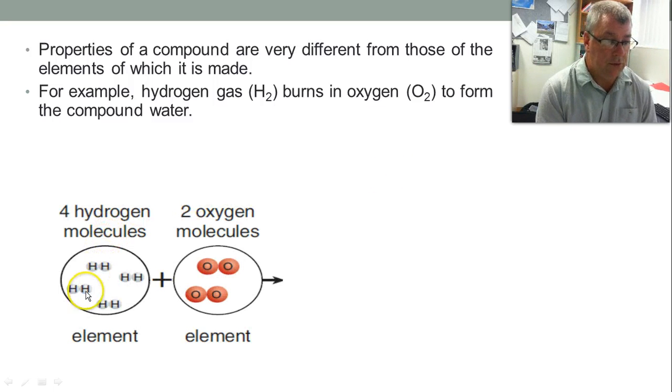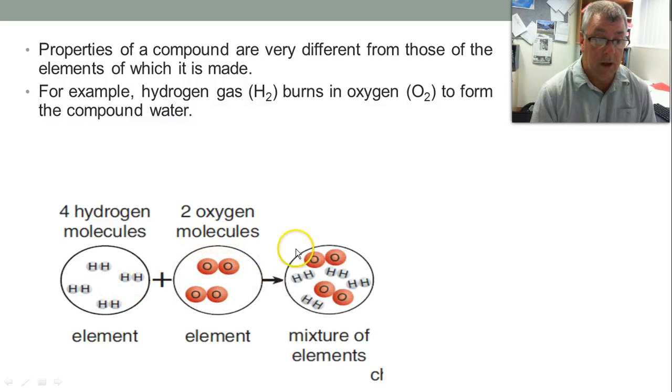If we have two containers, one containing hydrogen molecules and one containing oxygen molecules, in the right ratio, we can mix those together and they won't react. Here's an example of two oxygens joined together, and another example of two hydrogens joined together and another oxygen.